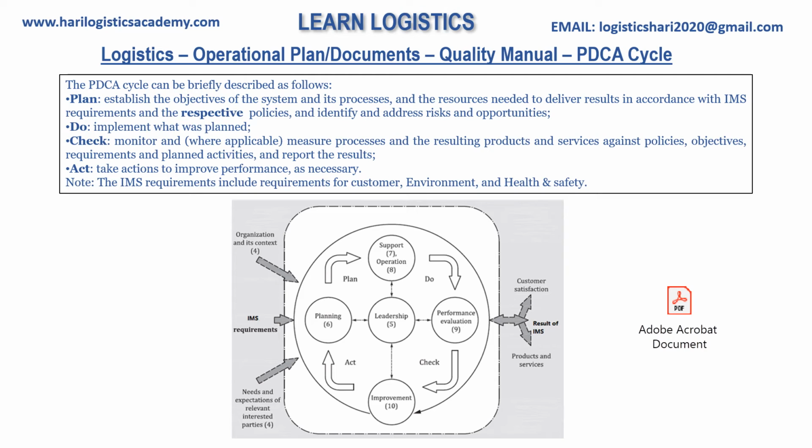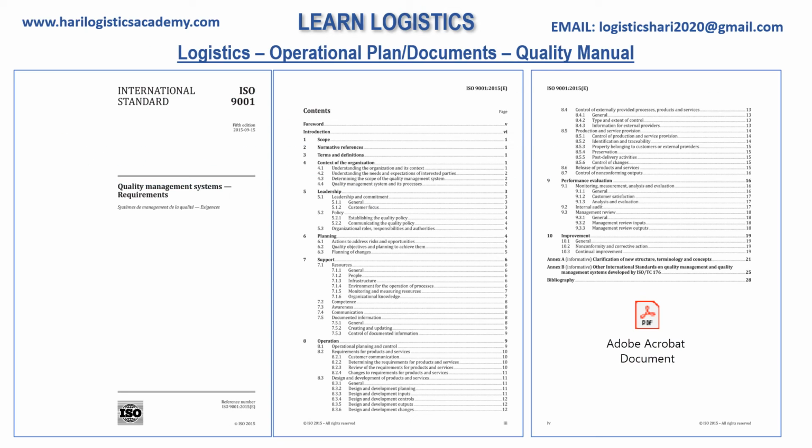Note the IMS requirements include requirements for customer, environment, and health and safety. The below diagram is only a sample for your understanding. And these ISO standards you can find in the internet, it may be available. And this is the standard of ISO 9001.